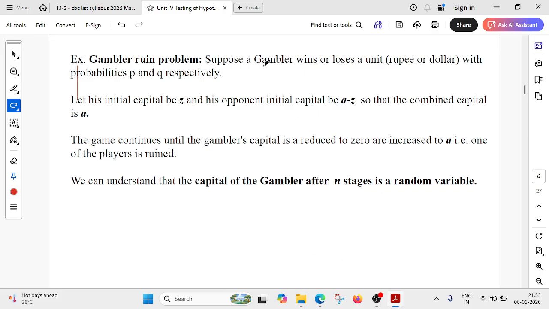Let the initial capital be z and his opponent's initial capital be a minus z, so the combined capital is a. The game continues until the gambler's capital is reduced to 0 or increased to a, that is, one of the players is ruined. We can understand that the capital of the gambler after n stages is a random variable.